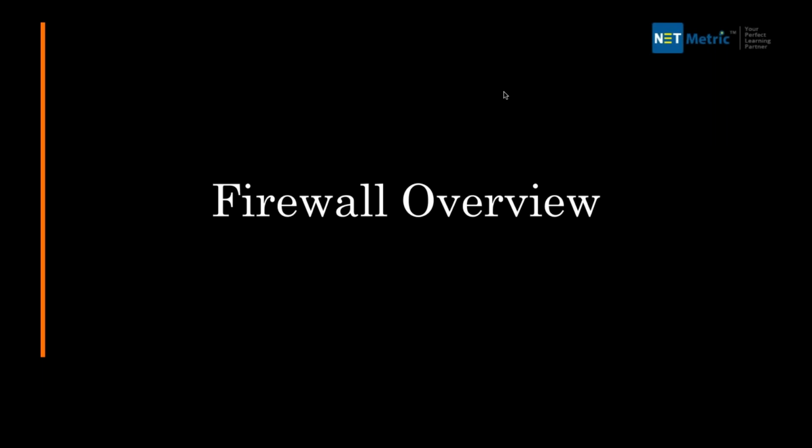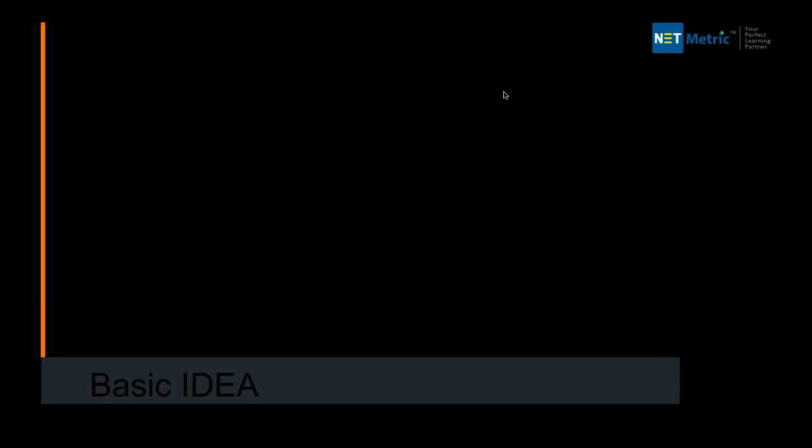Firewall overview. Let's talk about that. What is the basic idea behind a firewall that we have already discussed? To draw a line in your production, at your perimeter level, where we define that these are the devices, these are the resources which are in the most trusted zone, and this is the boundary from where the untrusted zone starts.